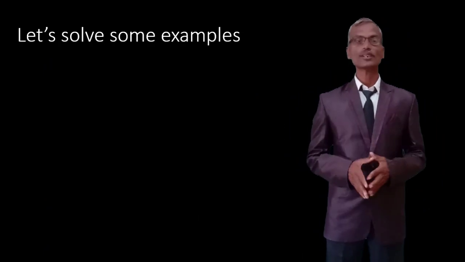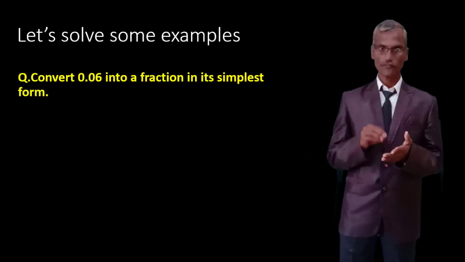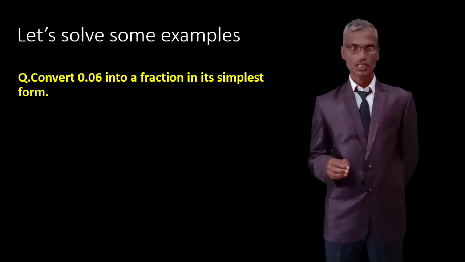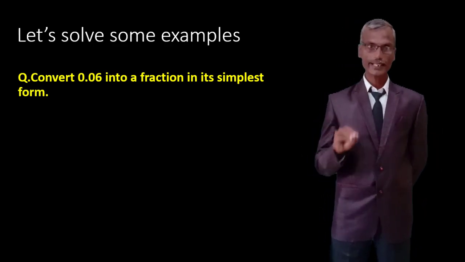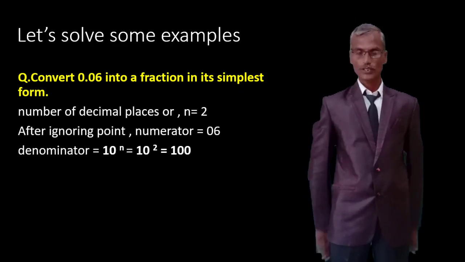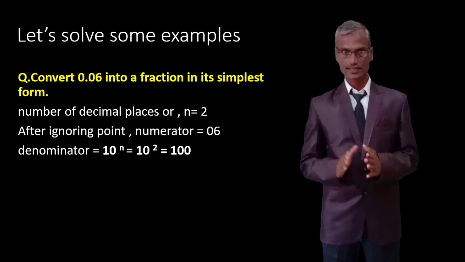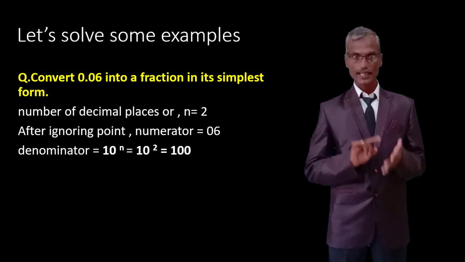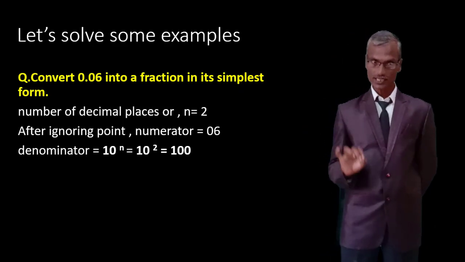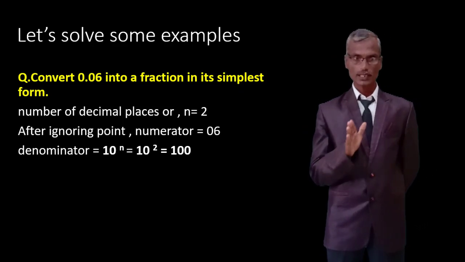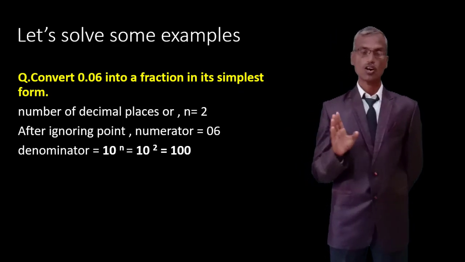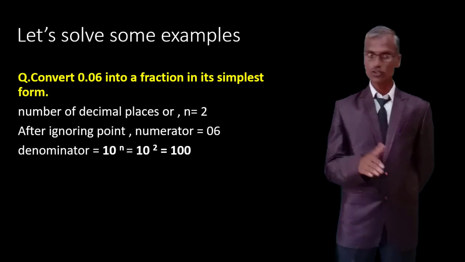Let's solve some examples. Example first, convert 0.06 into a fraction in its simplest form. The first step, we count the number of decimal places. The number of decimal places n is equal to 2. Second step, we ignore the decimal point and write all the digits of the decimal number as numerator.